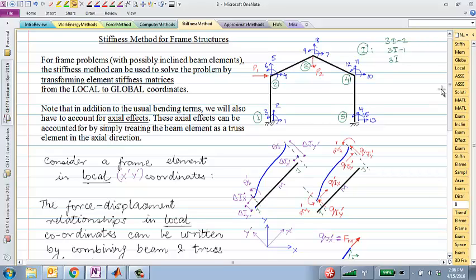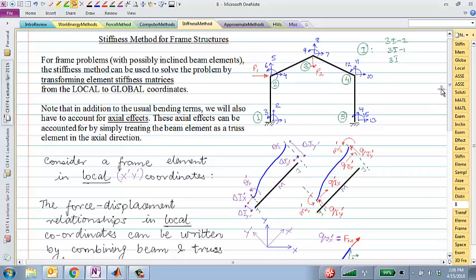Would it be compression or tension? If I say the positive displacement of delta i in the x prime direction, compression, right? If I give a positive displacement here, it compresses by some amount. And have we done that sort of calculation?